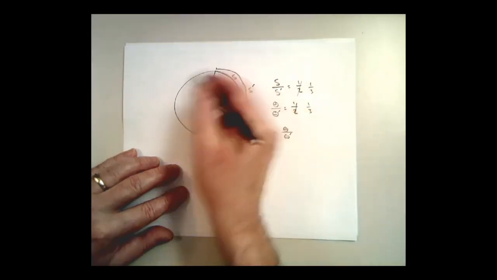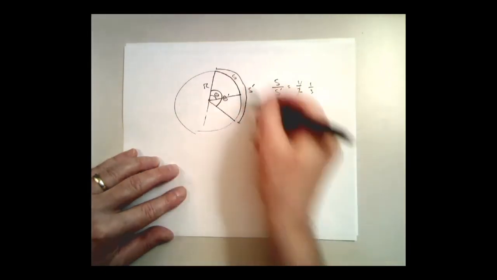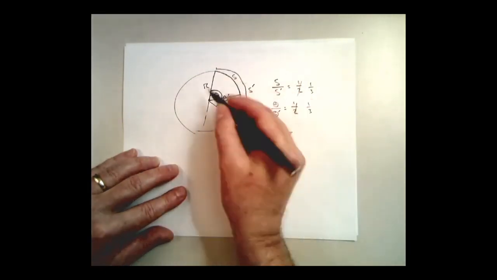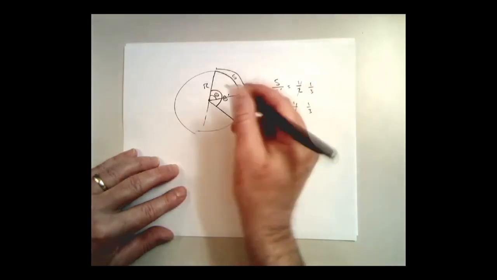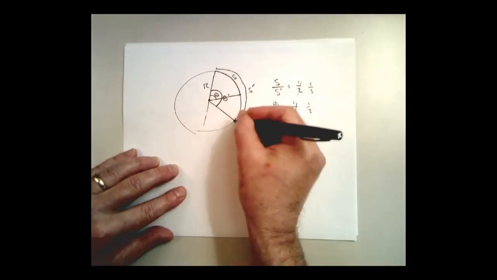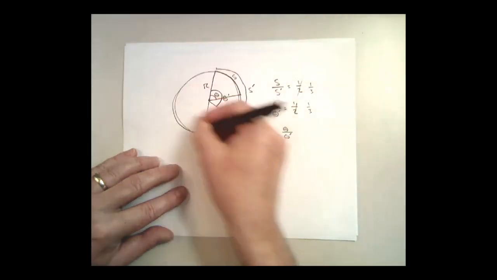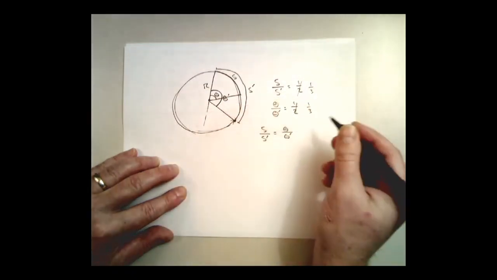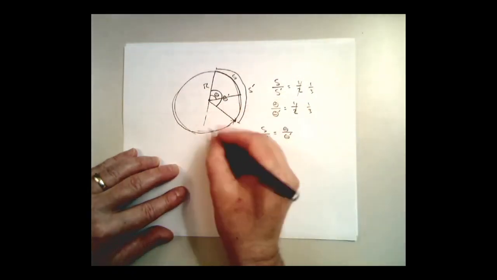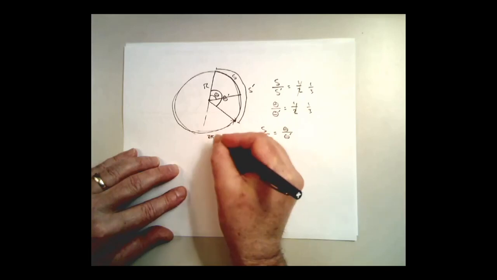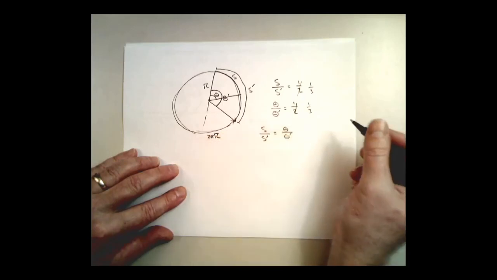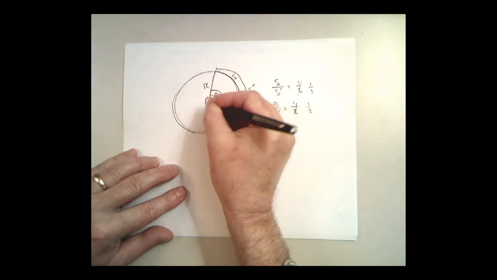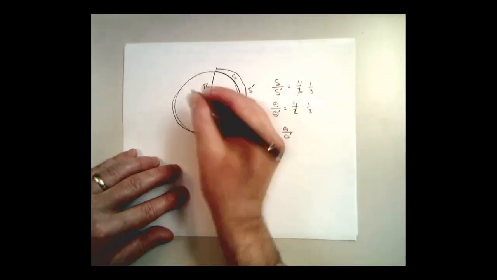In fact, I know a lot about the arc length of the entire circle and the angle of the entire circle, right? If I started here and went all the way around and measured that arc length, it is the circumference of the circle, 2 times pi times the radius. And the angle is 2 pi.